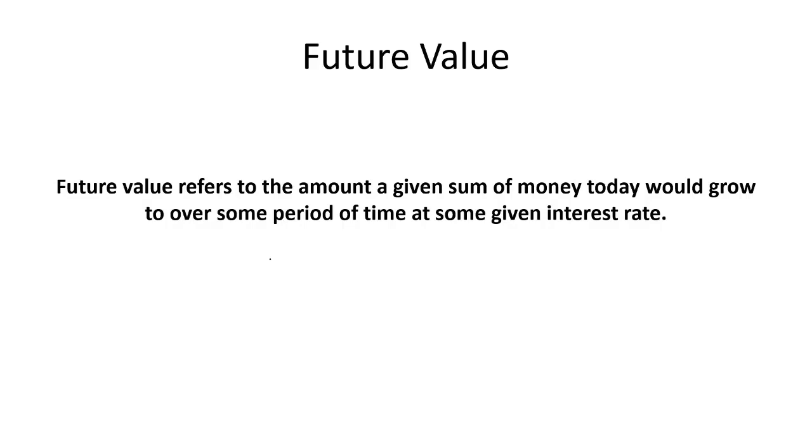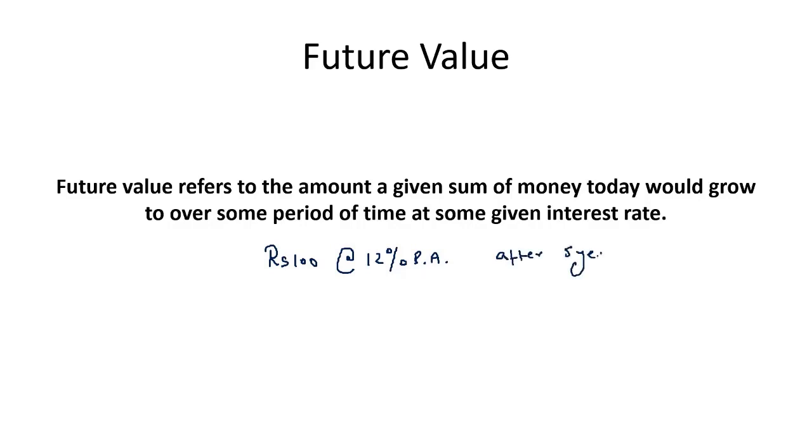Let's apply the concept of future value with the help of the same example. Let's say we have 100 rupees today, and you deposit this 100 rupees in a bank that earns you 12% per annum. Per year it earns you 12%. What would be the value after 5 years?